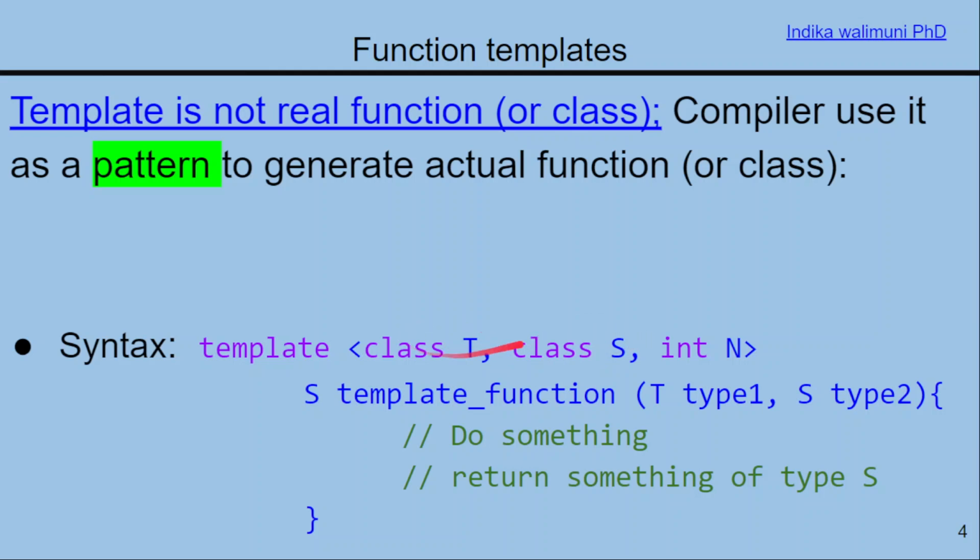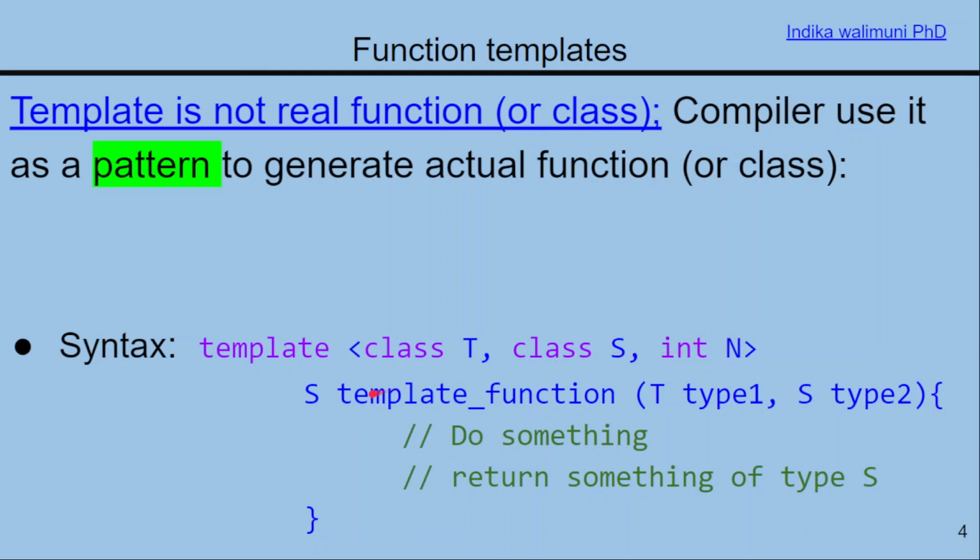Let's say for example we have two types, T and S. Then int, this is the non-type parameter int. It's a non-type parameter, just a number of type int. We call it a non-type parameter.